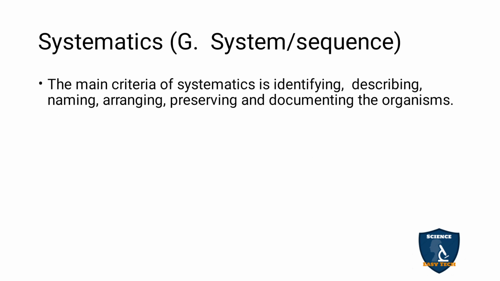Systematics. System or sequence. So they are arranged in a criteria one by one in a method. So here also they will identify whether it's male or female and describe. How a baby, first the baby is delivered, the doctor comes and says you have a baby, male or female baby.